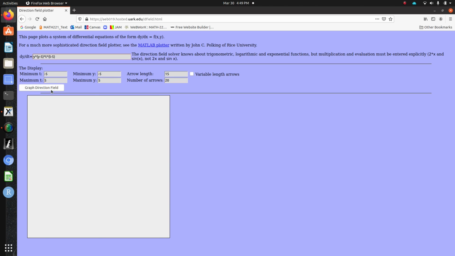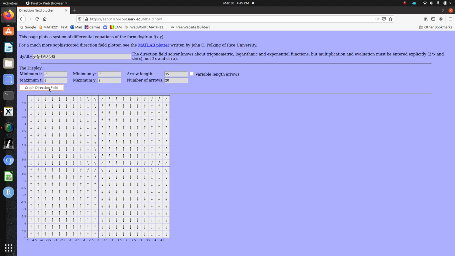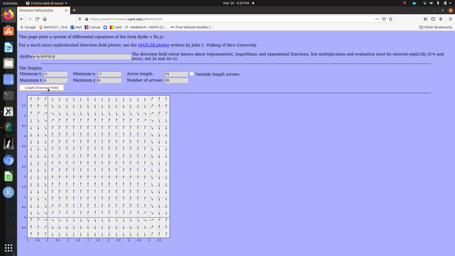Okay, it needed the multipliers, but see, it's also only going to wherever I ask it to go. So I'm going to move these around. Since I know my roots are at 0 and 5, I'm just going to go a little bit outside there so I can get a slightly better picture.